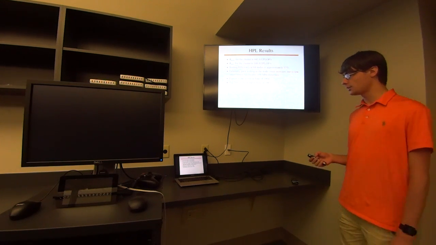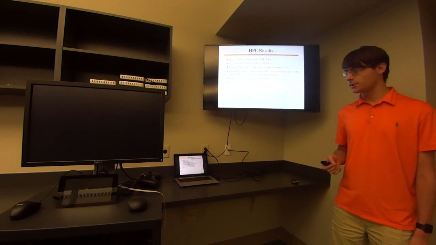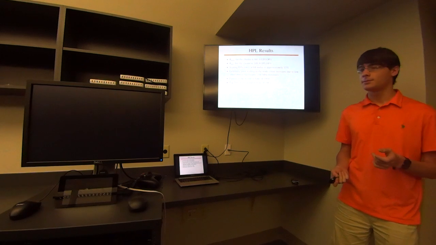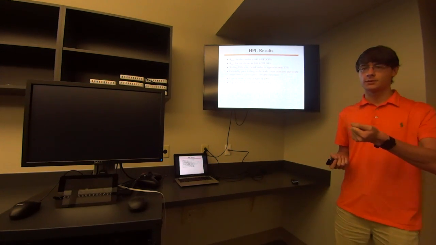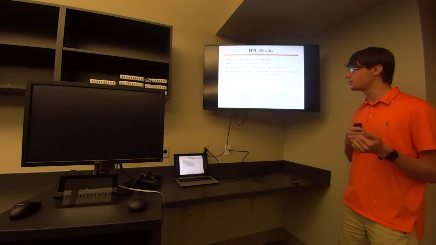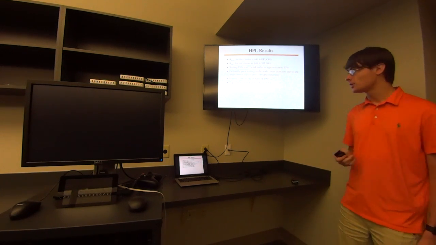So it's not considered a supercomputer today, really, but it is pretty good performance. Our scaling efficiency was approximately 37% if you take our single node performance and extrapolate that up to 64 nodes. We're only achieving 37% of what that should be if it was linear.